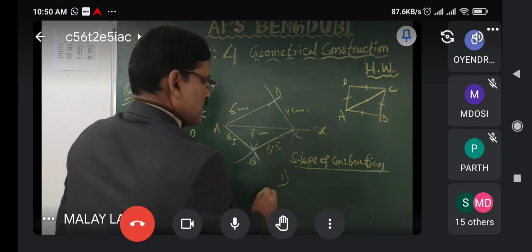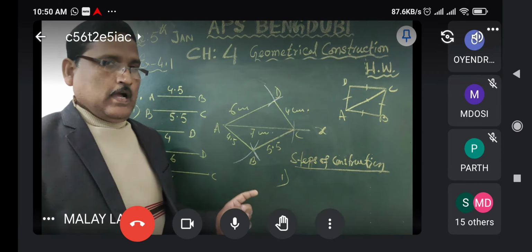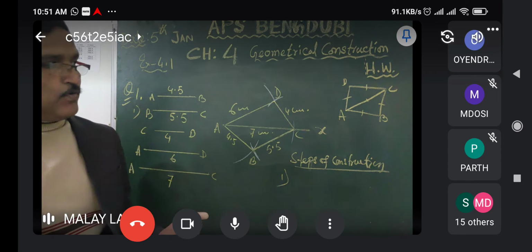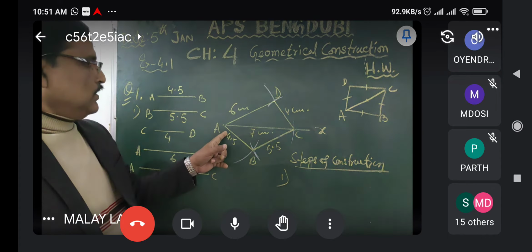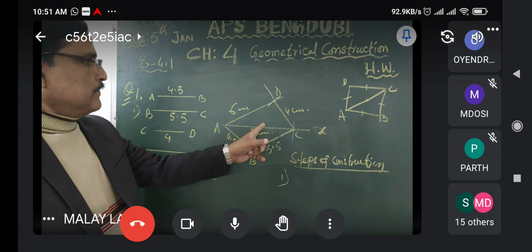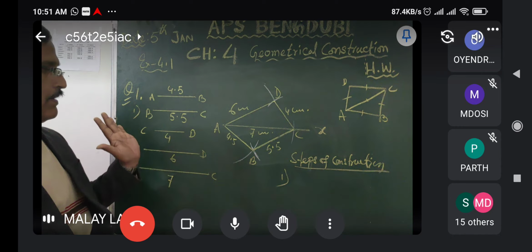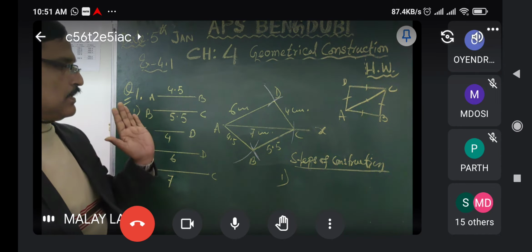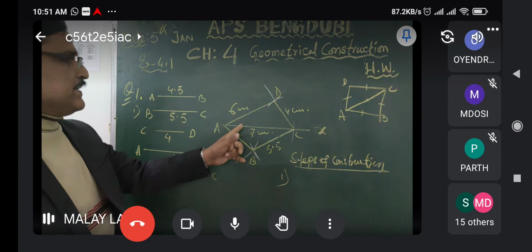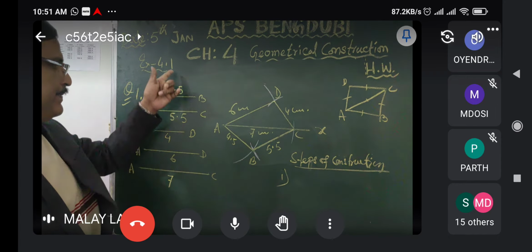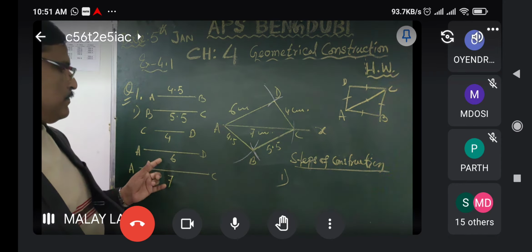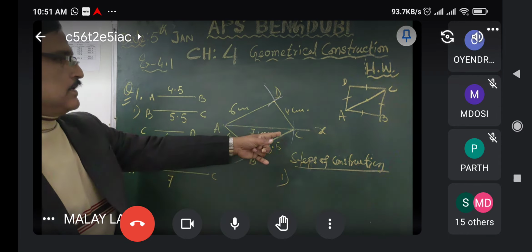Number 1, I am telling, I will also send you this upload if I get time. Draw a line segment. Whatever the measurement is given, I have drawn it. Draw a line segment X which is greater than the given line segment. Now, take the measure of AC, cut it.